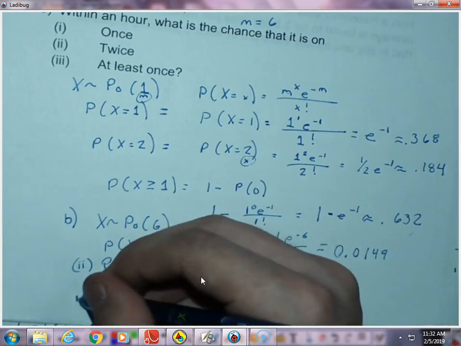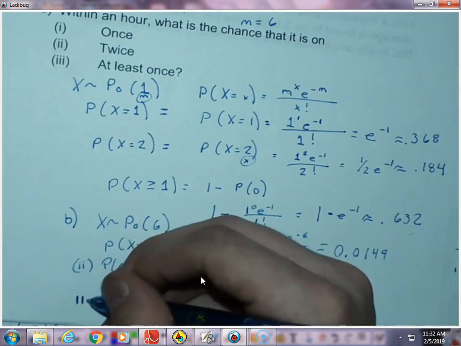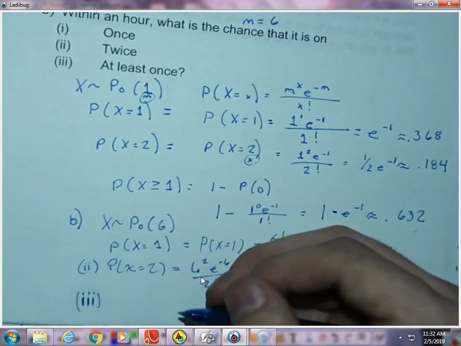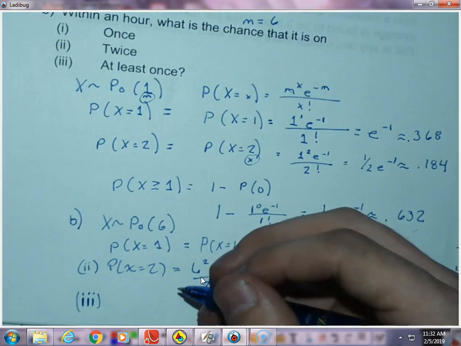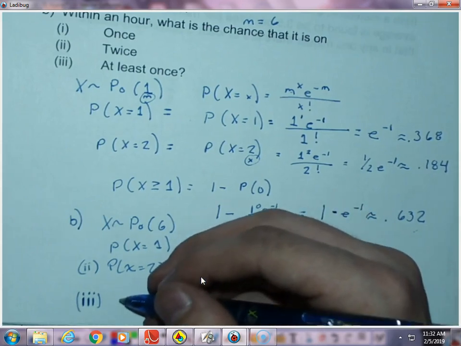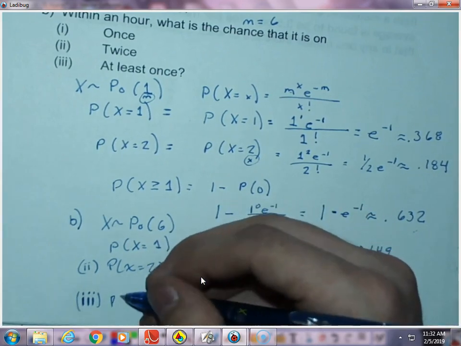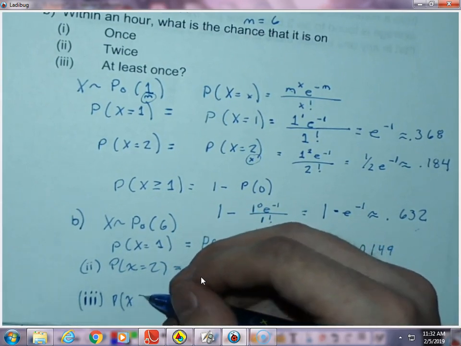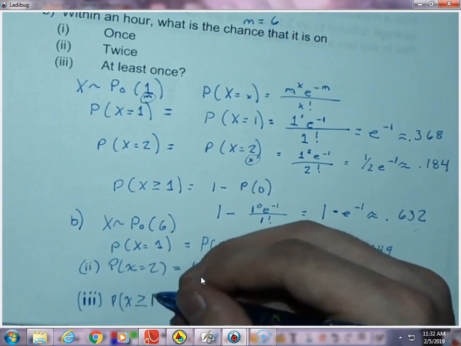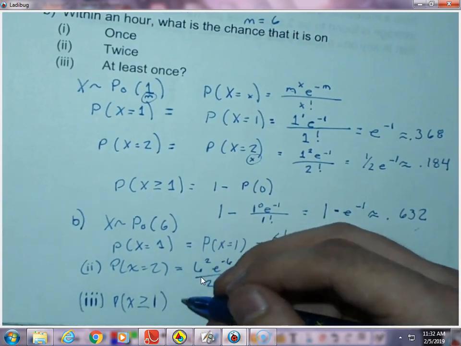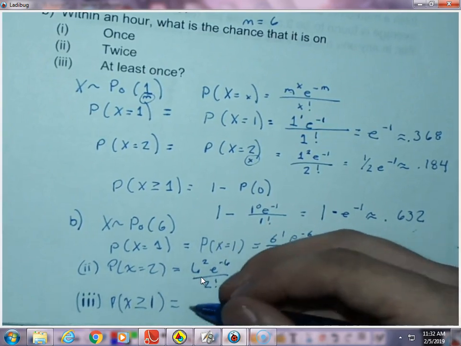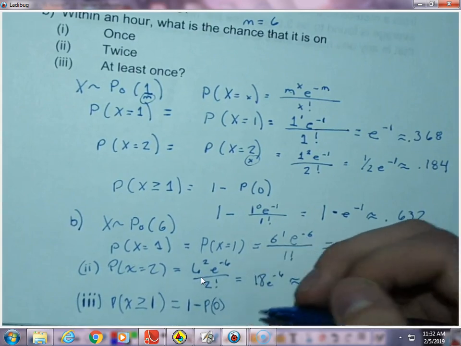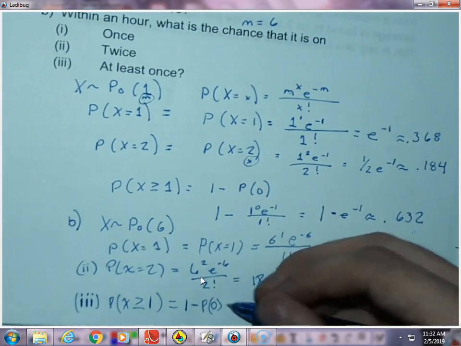Okay, so we're gonna go 1, 2, 3. There's 3. And then, you got that, Sam? Yeah. Alright, we gotta go with the whole P of X is greater than or equal to 1. And that also equals 1 minus P. Wait a second, is this the same? Yeah, it's the same thing, only we have a different name.